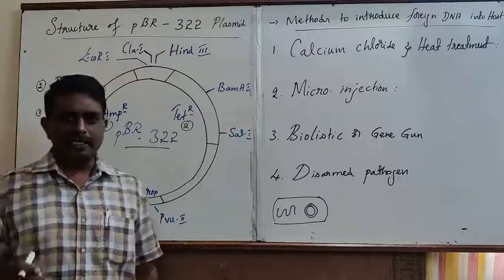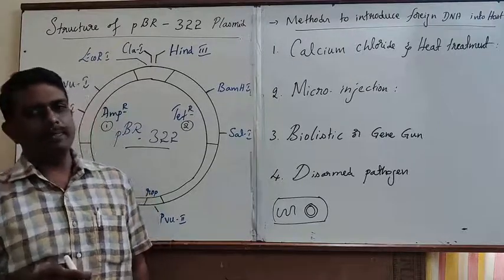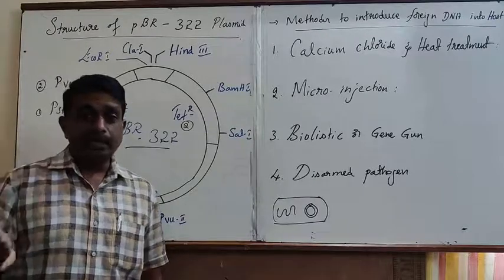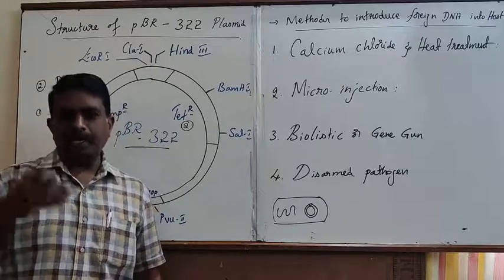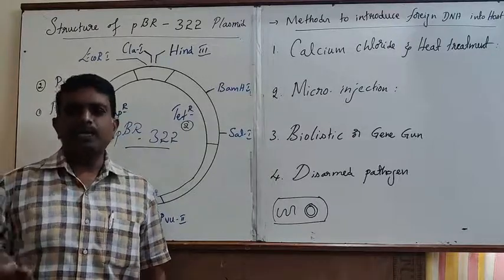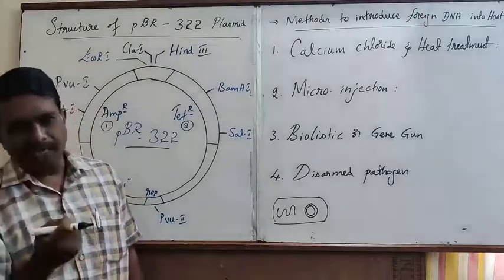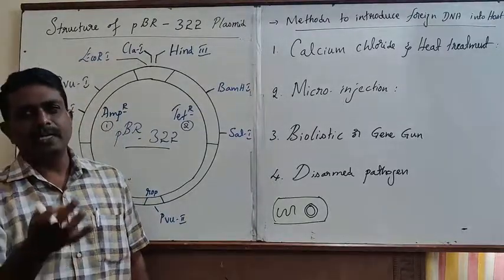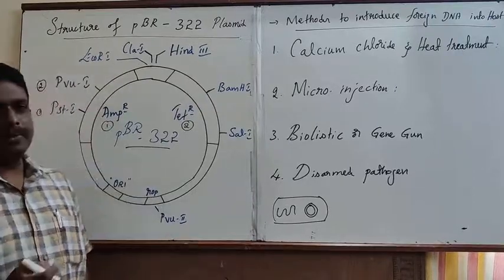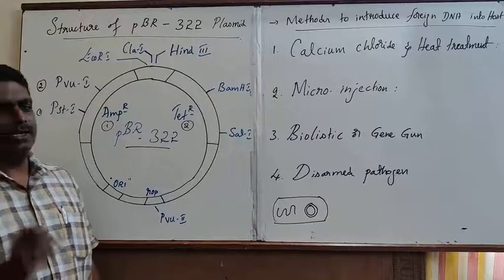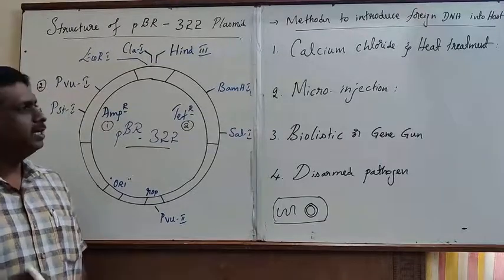This creates the formation of large pores in the cell membrane. The presence of large pores in the cell wall makes the host cell take up the recombinant DNA very easily. Such a unique method is called calcium chloride and heat treatment.